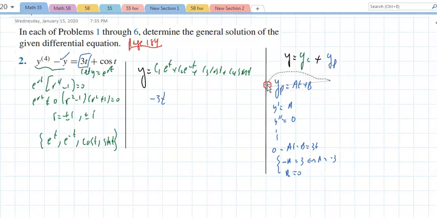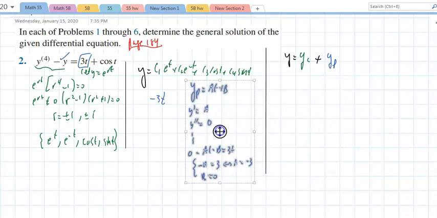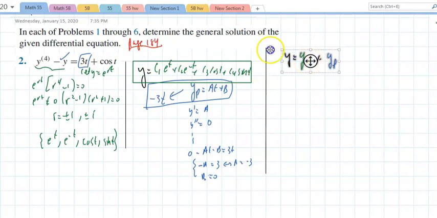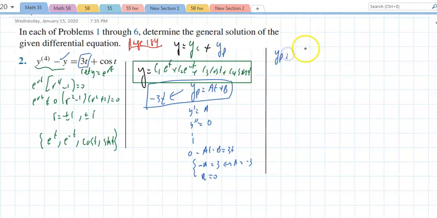Now, let me copy this here because I can tell already that I need some space. If I look for the second particular solution, it's going to be A cosine of t plus B sine of t, but it's right there.